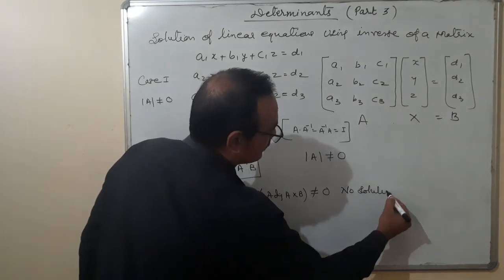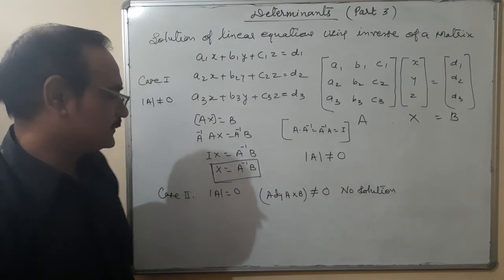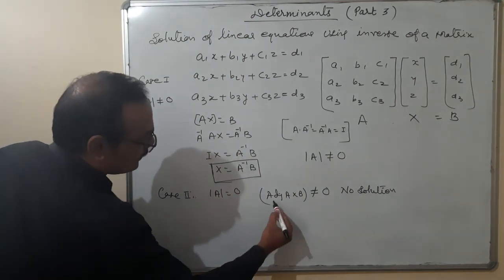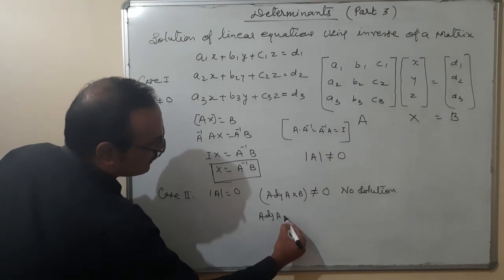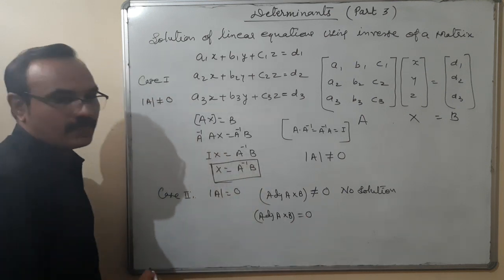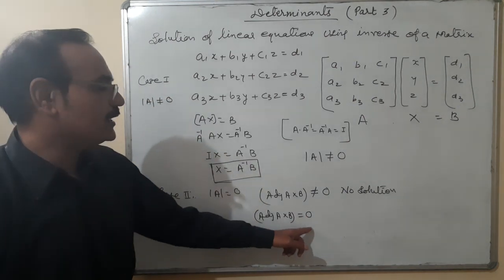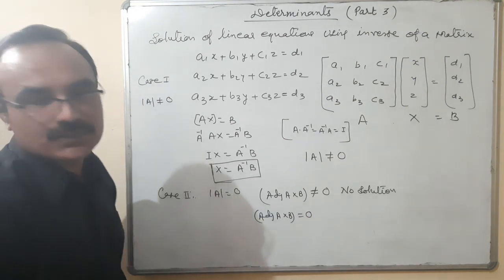It is inconsistent. But if adjoint A into B is equal to 0, that means there is the possibility of having infinitely many solutions.